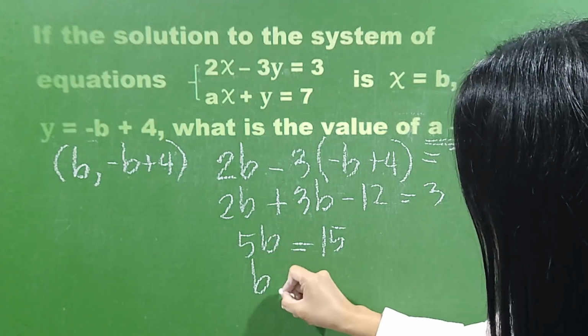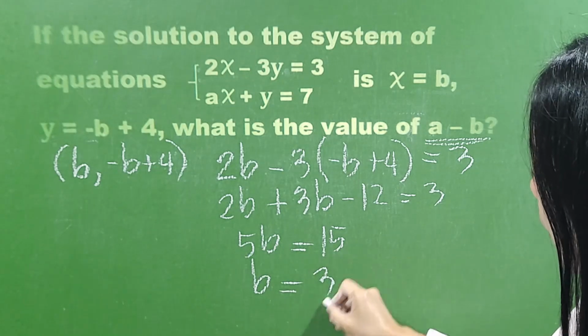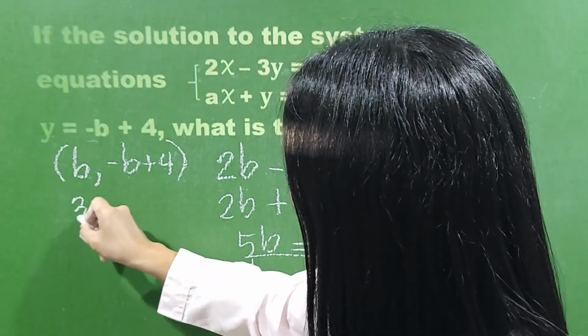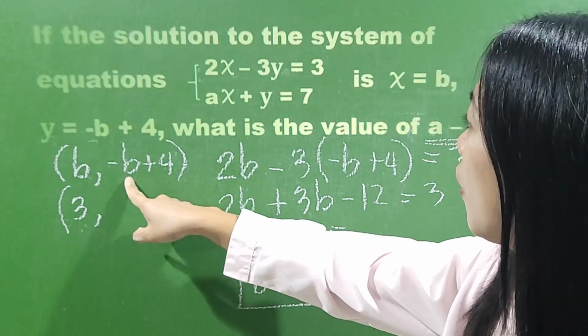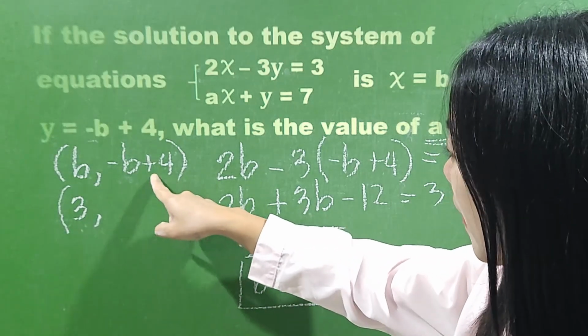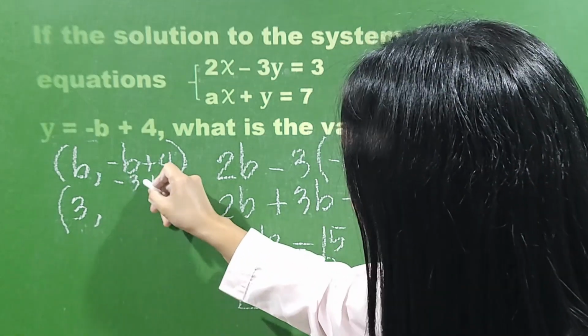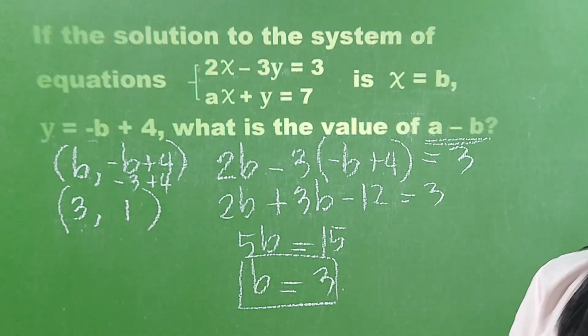So it means b is equal to 15 divided by 5, 3. So b is 3. Okay, now that we know the value of b, which is 3, we can now also find negative b plus 4. So this is negative 3 plus 4. So this is now equal to 1.